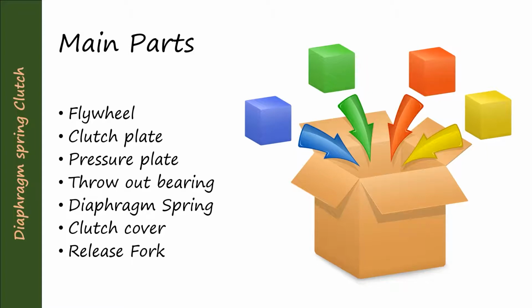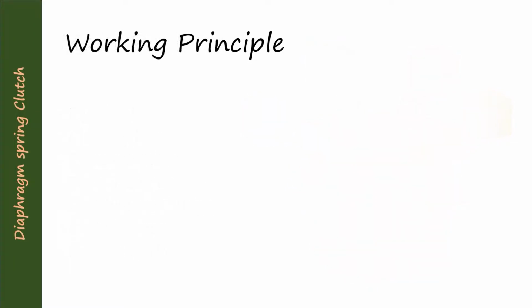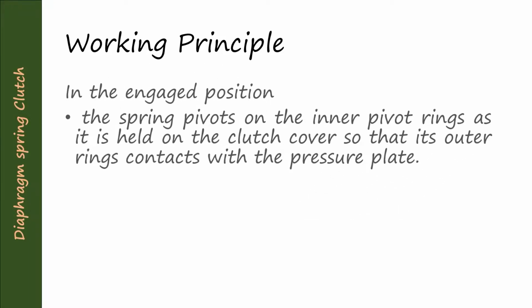Next we are going to see the working principle of the diaphragm spring clutch. First point is the engaged condition. If it is in the engaged condition, the spring pivots on the inner pivot rings as it is held on the clutch cover so that its outer rings contact with the pressure plate.